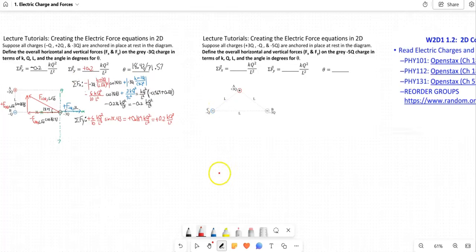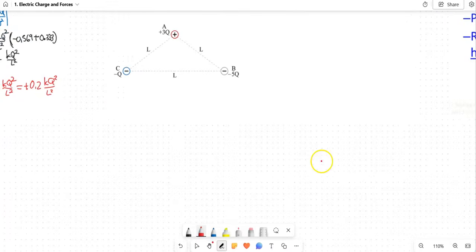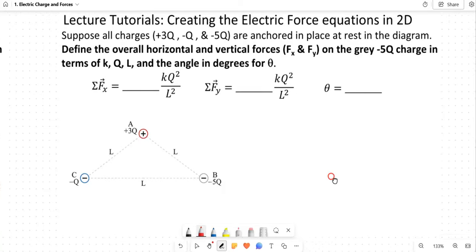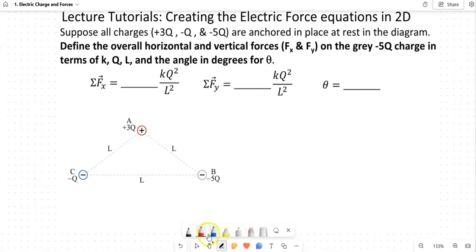All right. Let's do this last one right here. Now this is a triangle one, and it's a little bit easier than the other ones. So your one is also easier too. And you can get away with quite a bit here. Okay. So again, we are doing our force diagram, in this case on the negative 5q charge. You have a red positive 3q charge up here and negative q charge over here.